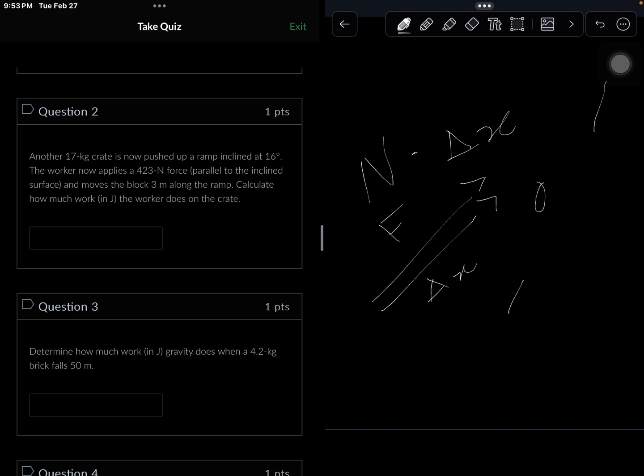So the angle is going to be 0 in this scenario, which is very important. The force is pushed 3 meters. So all we would do is disregard the angle and the mass this time, and you just take the Newton force of 423 and multiply that times the displacement once again of 3 meters.